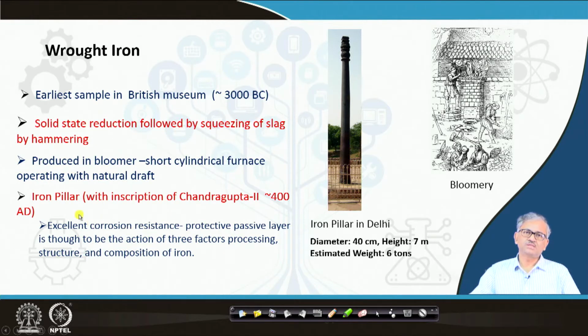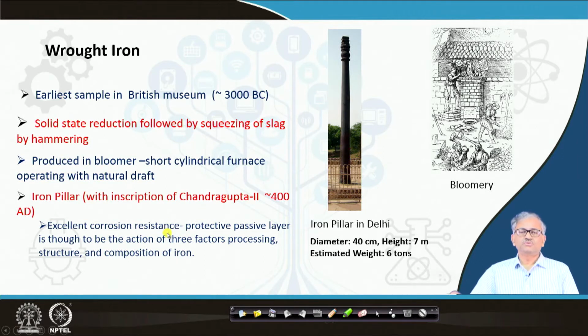Excellent corrosion resistance. A lot of research has gone into it, and they found there is a very passive protective layer over the surface that restricts it from atmospheric oxidation. It may be due to the art of processing, and they found three factors: the processing, structure and the composition of the iron.